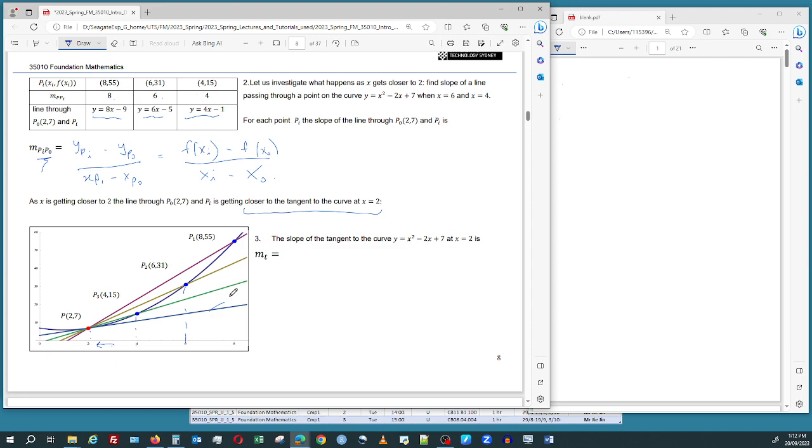The secant has become the tangent at that point. Okay? So we can do this analysis through the eyes of a limit. And so I think what I would like to do is just pause there.